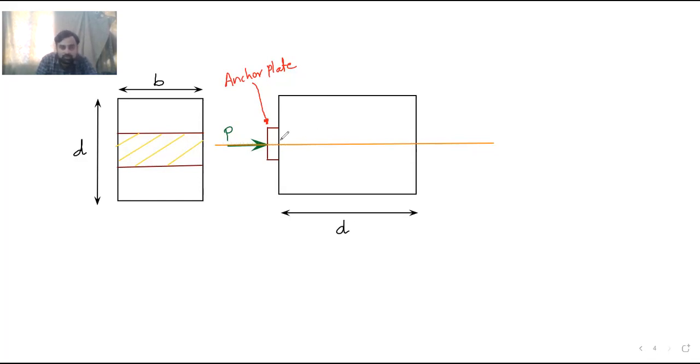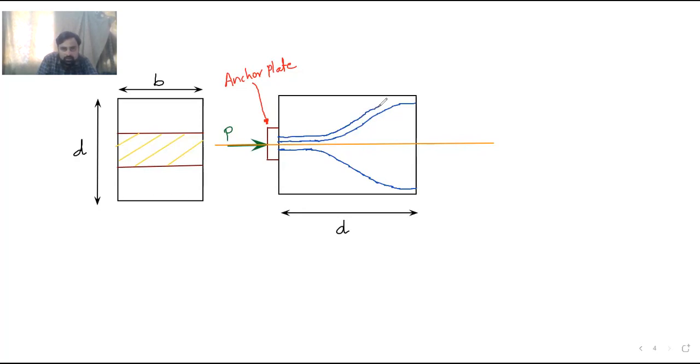Now the stress concentration will be like this. Here the concentration is maximum, and then it will move like this. At the bottom also, this is the stress concentration. This is the concentration pattern observed by experimentation.